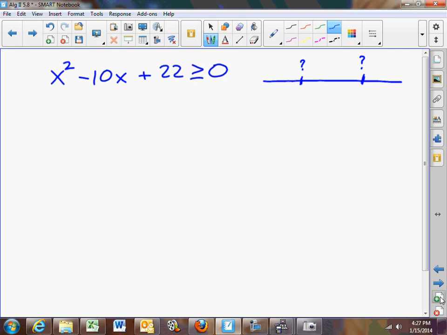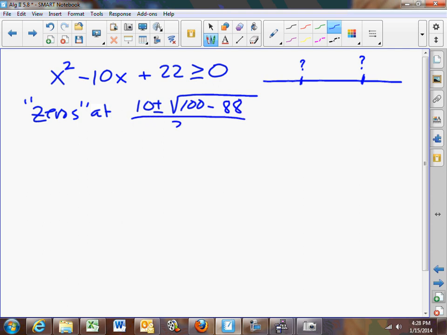And we can find that by, well, in this case, let's use the quadratic formula. The zeros are at x equals 10 plus or minus the square root of 10 squared, that's 100, minus 4 times 1 times 22, that's minus 88, all over 2.